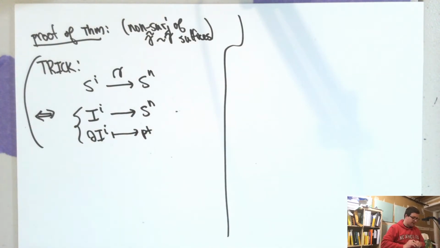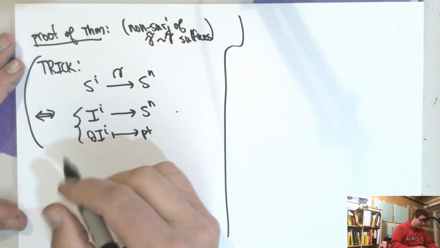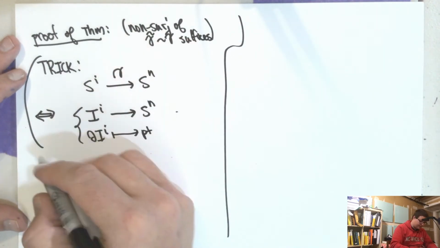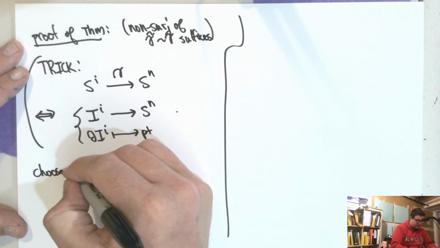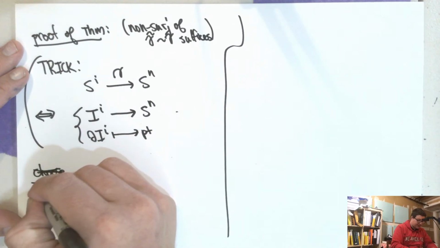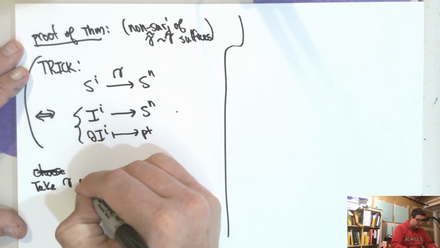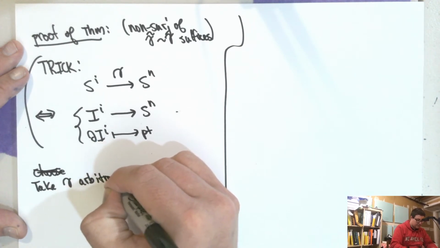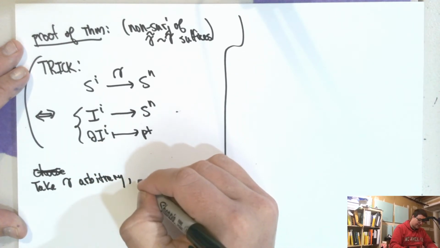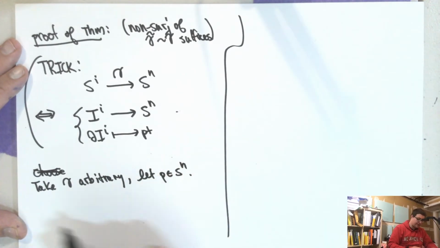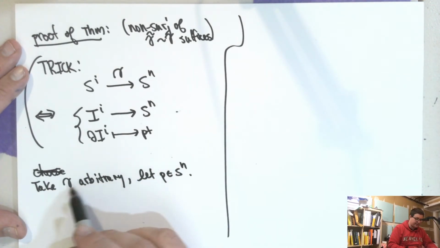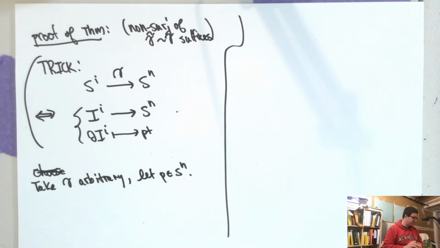And so we choose our p. So take gamma to be arbitrary. Let p be an element of S^n, as before, and then we're going to modify this gamma to make it not pass through p.